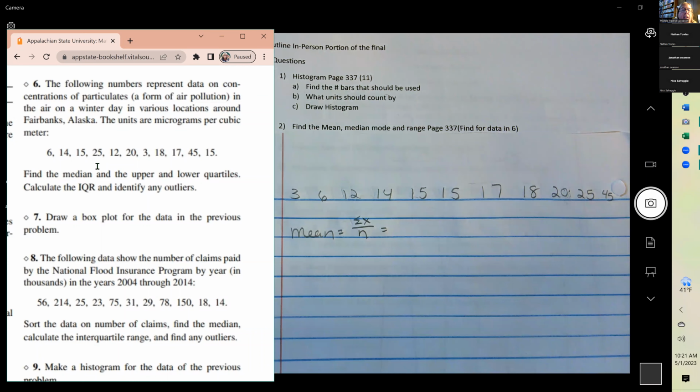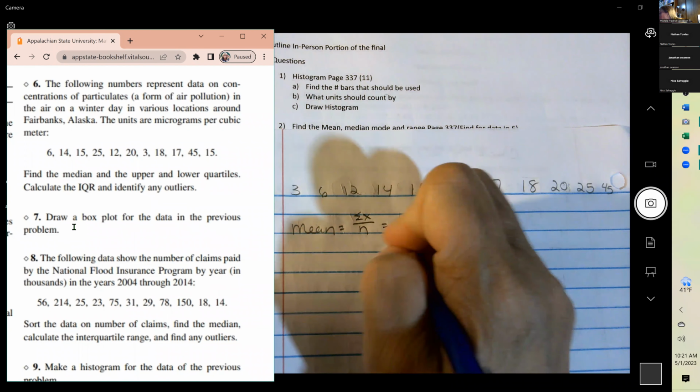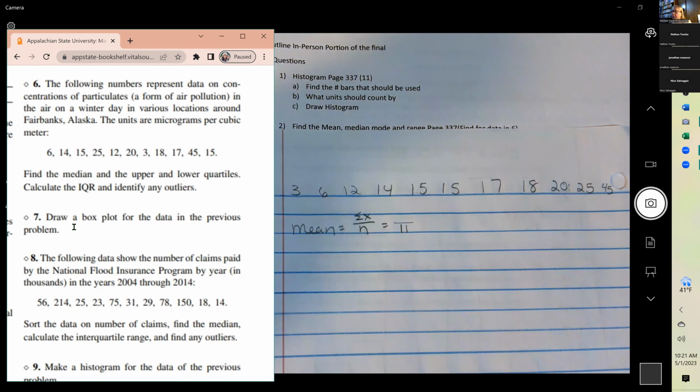And I believe there was 11. Double check. And then you add them up. So for mean, they did not have to be in order. 3 plus 6 plus.